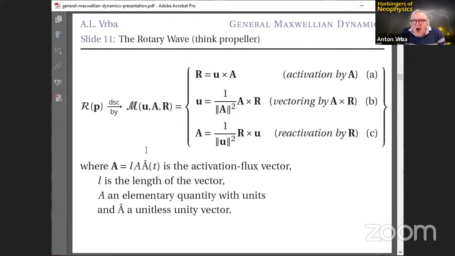Now, I'm going to introduce a new wave type, which I call a rotary wave. Think in terms of a propeller, or rather a one-bladed propeller, rotating in the XY plane and at the same time propagating along the Z direction.